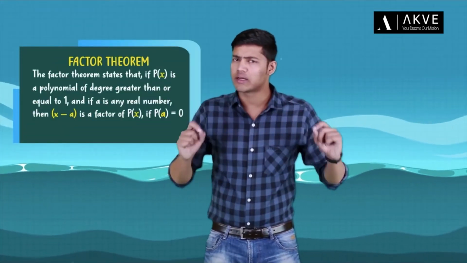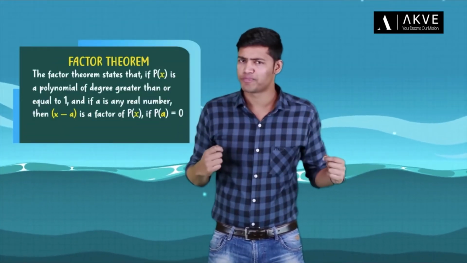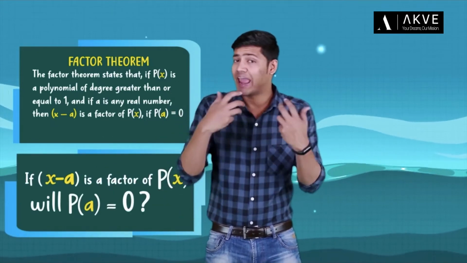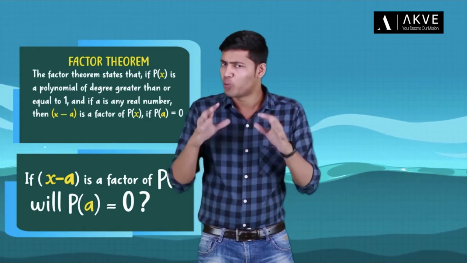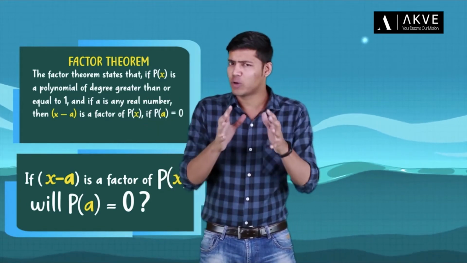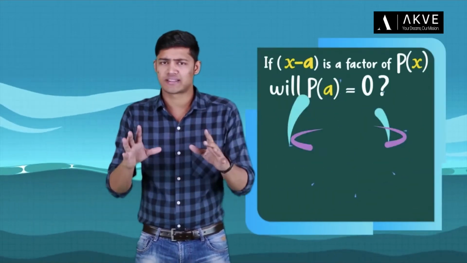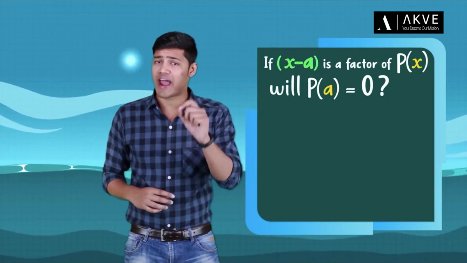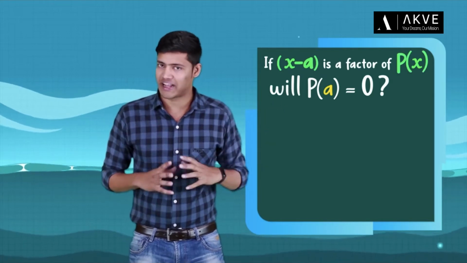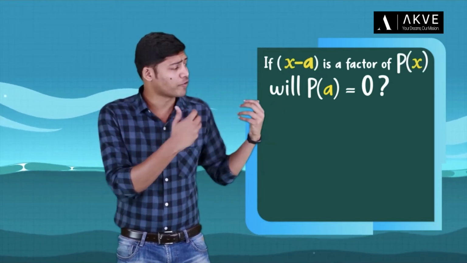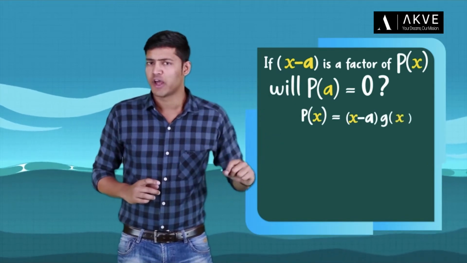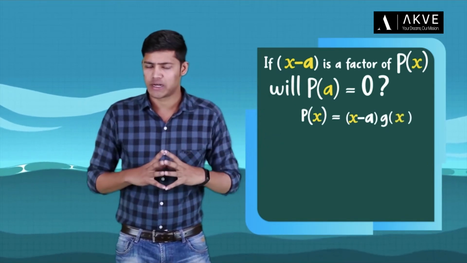Now, do you think the vice versa is also true? That is, for the polynomial p of x, if x minus a is a factor, will p of a be equal to 0? Let's try to prove this. It has been given that x minus a is a factor of the polynomial p of x. So we can represent p of x as the product of x minus a and g of x, where g of x is any polynomial.